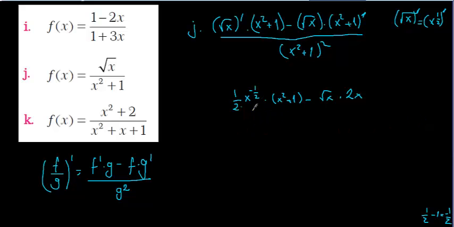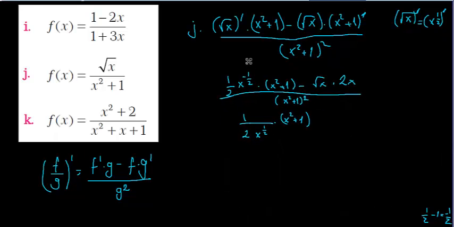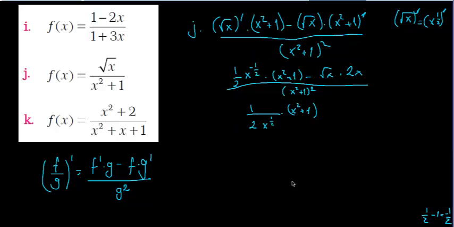Then this expression is going to be equal to 1 over 2. The power is negative, that's why this is going to be x to the power of 1 over 2 times x squared plus 1. Pardon, I forgot the denominator, which is x squared plus 1 squared. Let me take it a bit up.